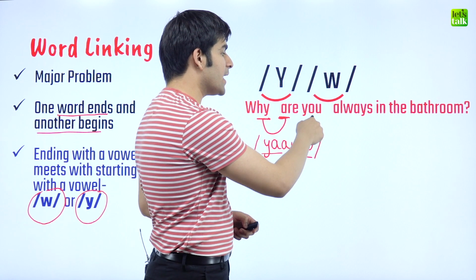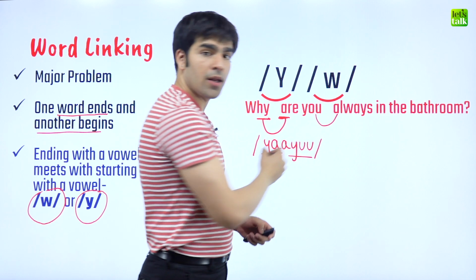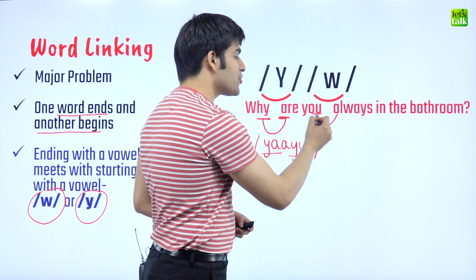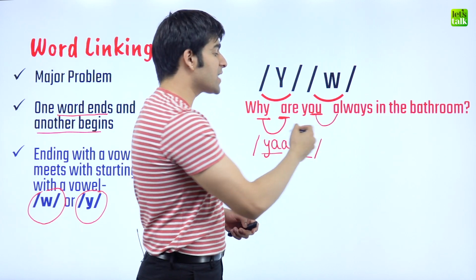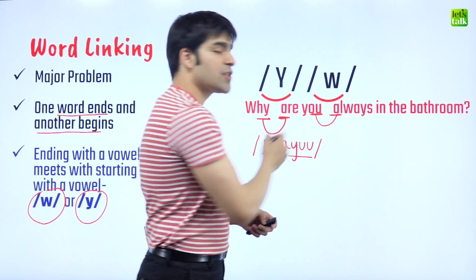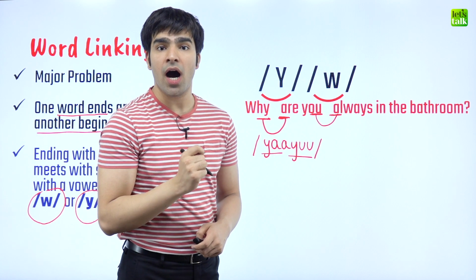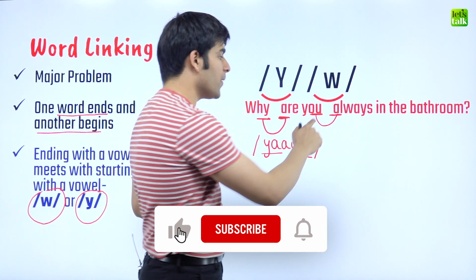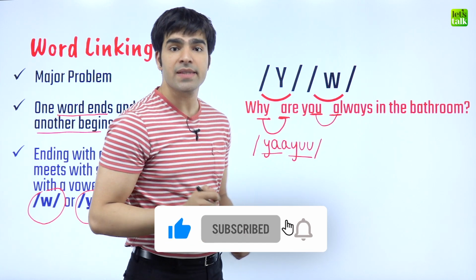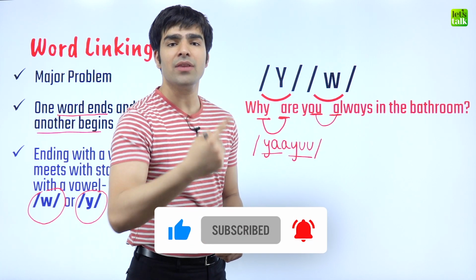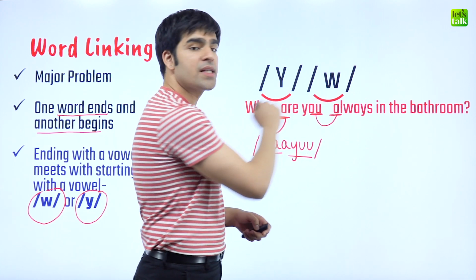The second linking is "you are". "You" finishes in the oo sound, and the next word starts with ah. So we say oo-wah, and the sound that it produces is the W sound.